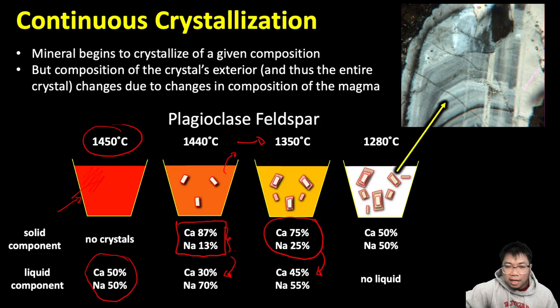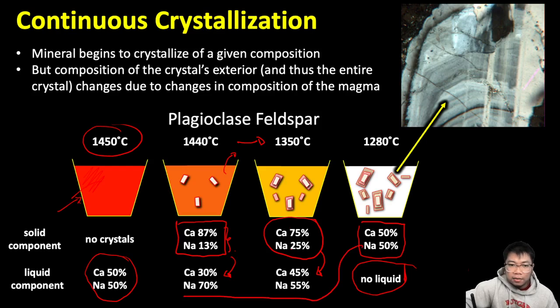Eventually at 1280 degrees Celsius, I will have no more liquid, because all the liquid has solidified and become minerals, and the minerals now have the composition calcium 50% and sodium 50%, which is the same as the original liquid composition.